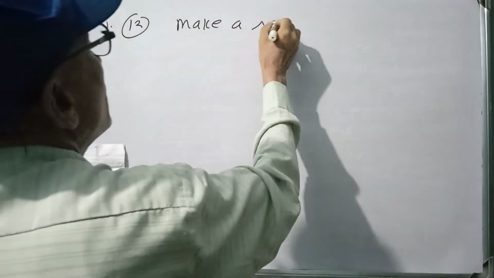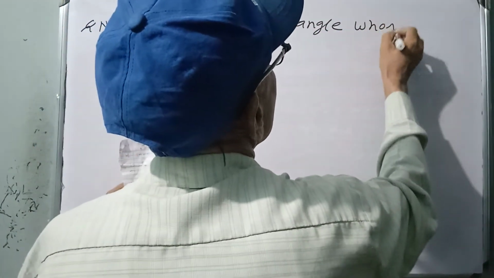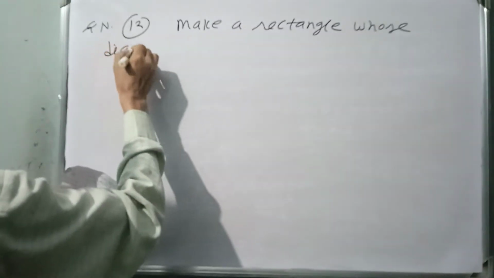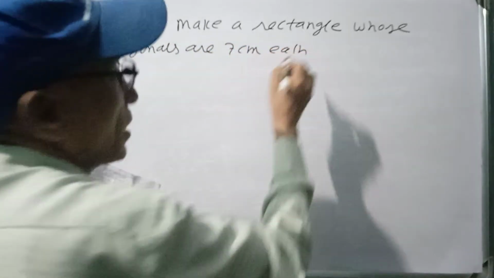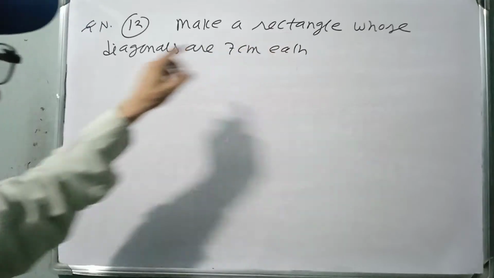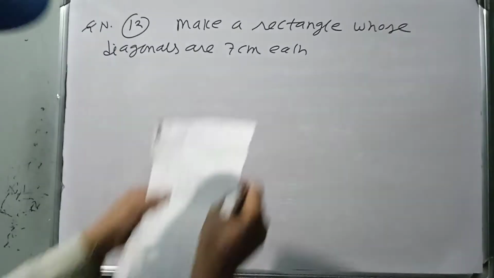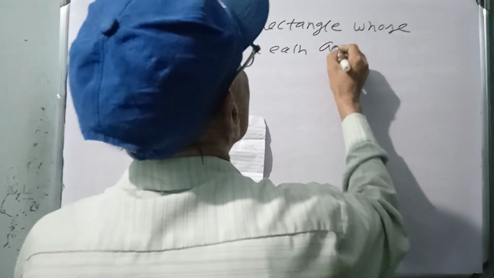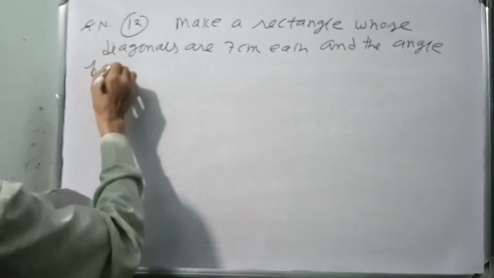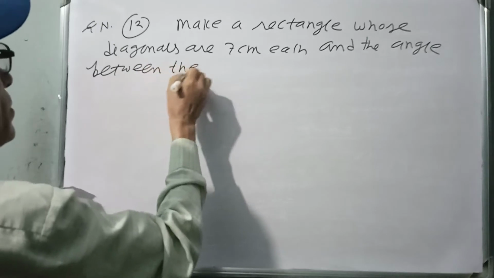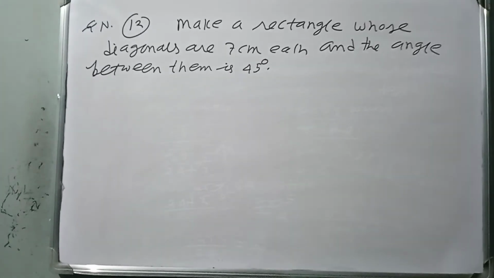Make a rectangle whose diagonals are 7 centimeters each, because the diagonals of a rectangle are equal. One diagonal is 7 centimeters, another diagonal is also 7 centimeters, and the angle between them is 45 degrees. How to draw the rectangle?